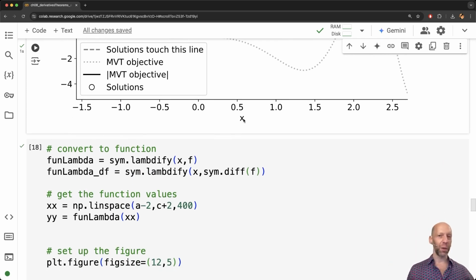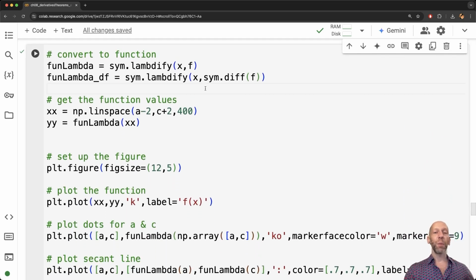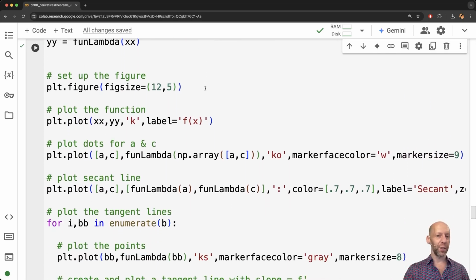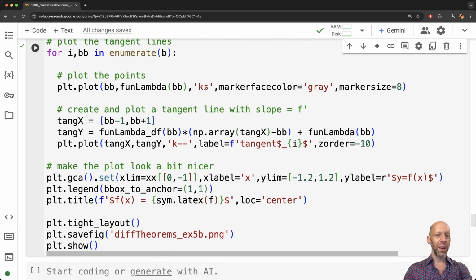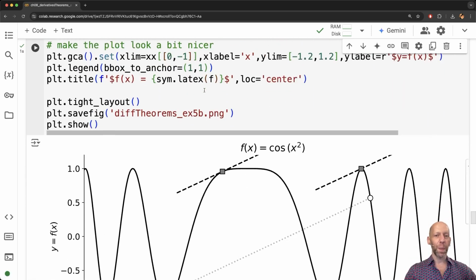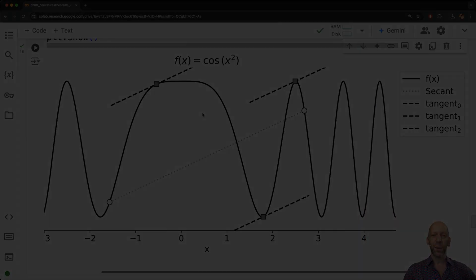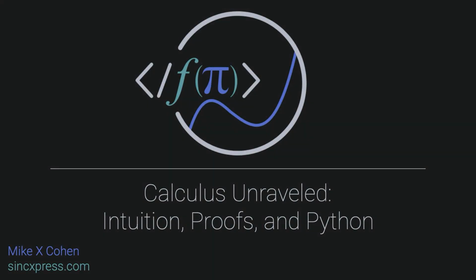At least, these are good numerical approximations. From here, this plot is straightforward. This is exactly the code to produce the plot for the mean value theorem problem that I developed earlier and showed for, I think, exercise 2.